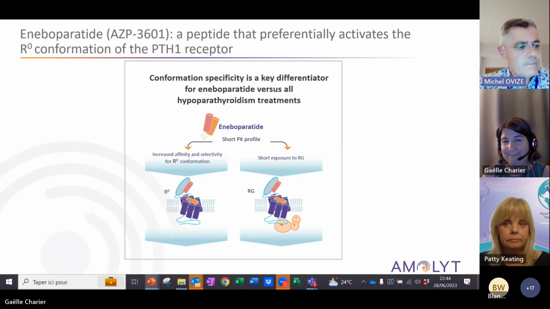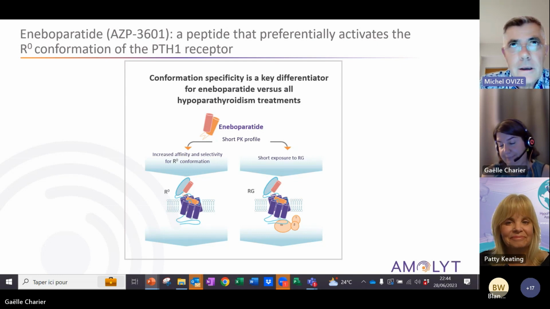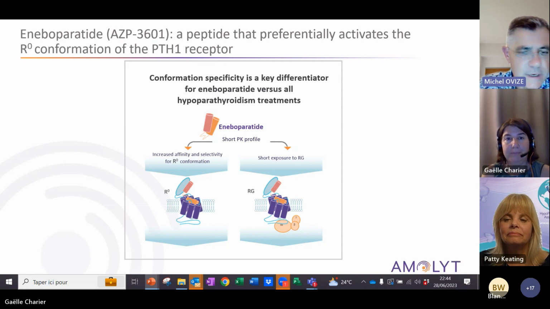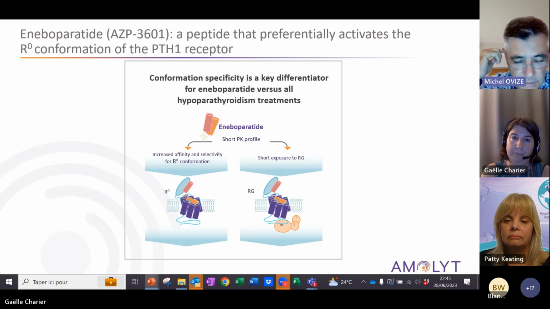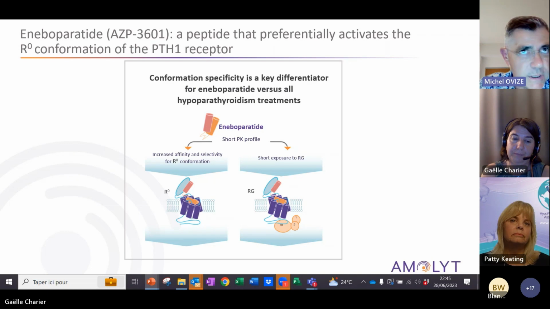Oh, good question. I'll try to make the answer short and easy. 1-84 is the usual, I would say, complete form of the PTH. 1-34 is part of this full, complete form of the PTH. And our drug is another sort of cut of the initial form of this protein, and it's 1-36 amino acids.